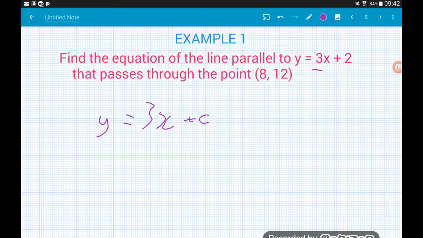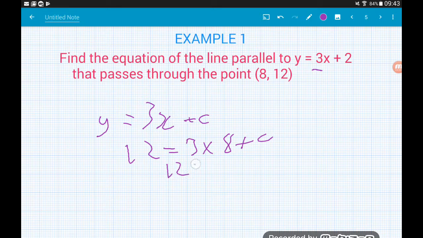So when x is equal to 8, y is equal to 12. So we substitute those values into this equation. So y is 12, and x is 8, so 12 is equal to 3 times 8 plus c.